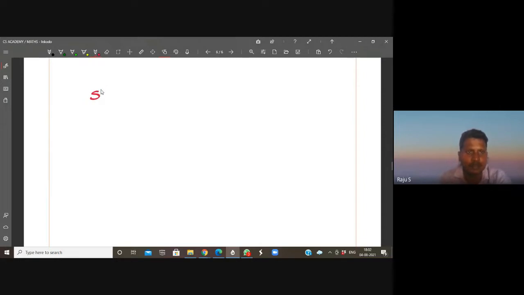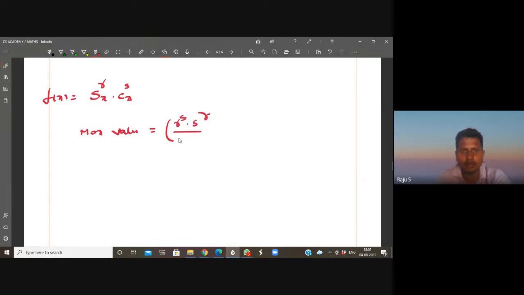Okay, students, just remember here, whenever the function is f of x equal to sin x whole power r into cos x whole power s, the maximum value is given by r power s, s power r by r plus s, all to the power of r plus s.